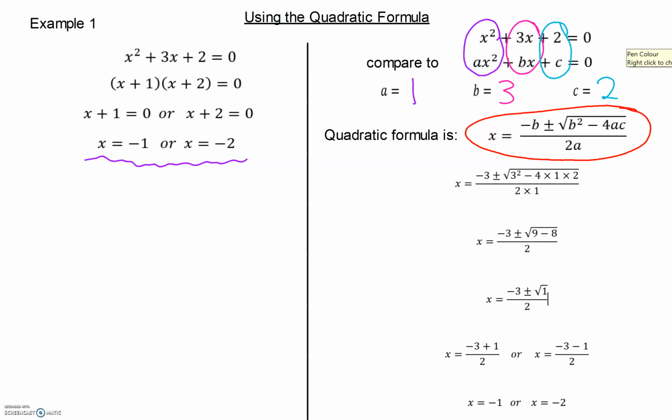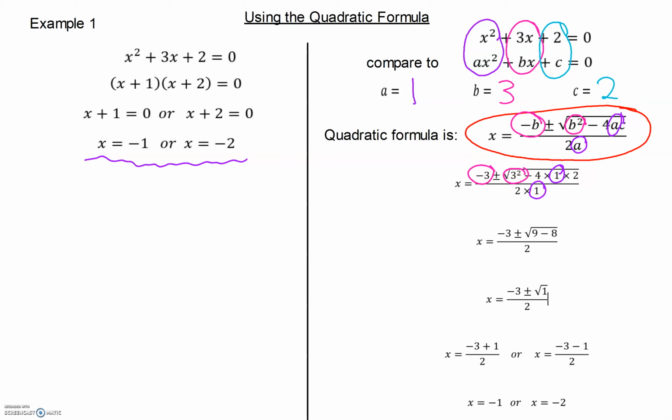So the value of a is 1. You can see that where a is in our formula is here, and we've replaced it with 1. The value of b is in the formula: minus b at the beginning, b squared in the middle. So minus 3 at the beginning and b squared within the square root sign.